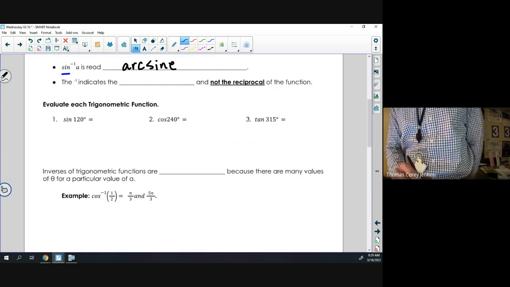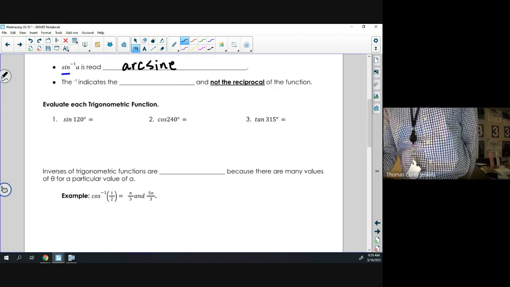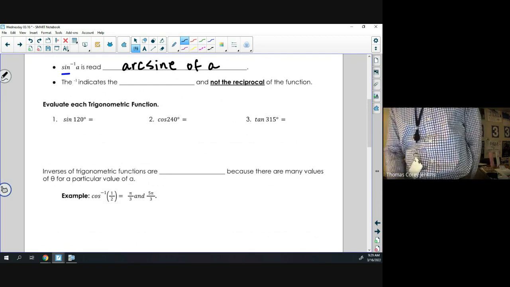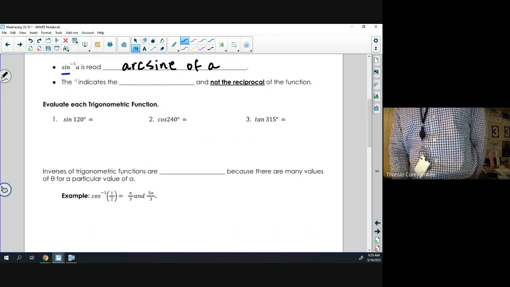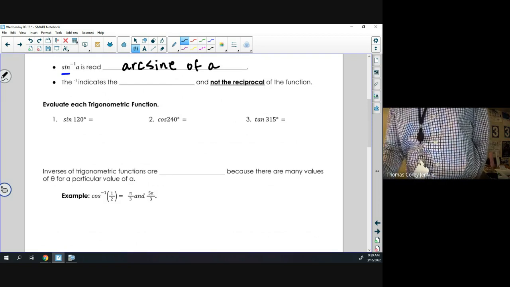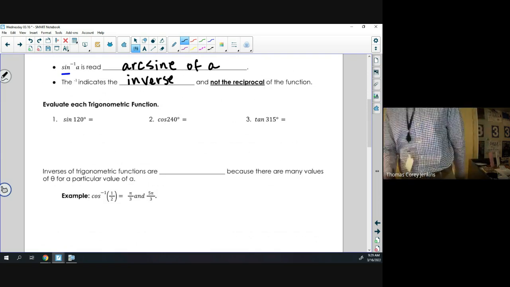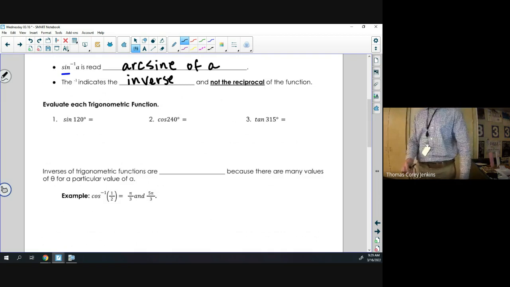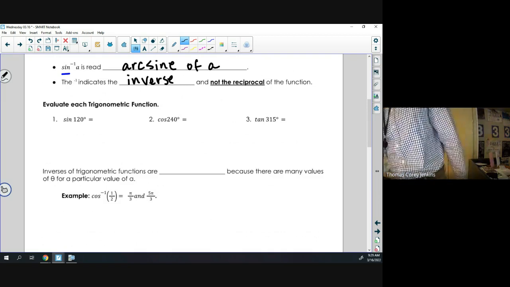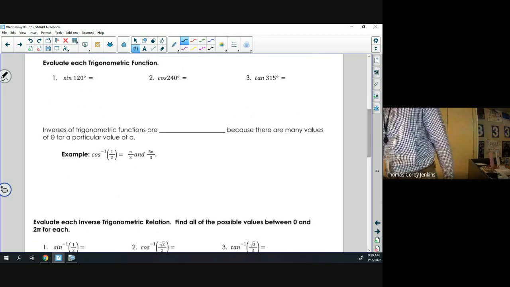Well, I guess arc sine of A. And then the -1 indicates that it is the inverse and not the reciprocal. So that's what I was telling you guys earlier, that it was the reciprocal, but that again was false. Okay. All right. So let's go ahead and get into your types of problems.